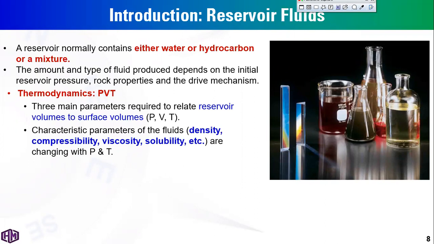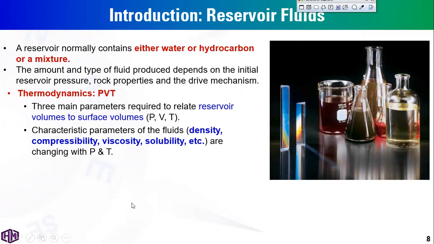Because on production, the fluids migrate from reservoir pressure and temperature to surface pressure and temperature, we may have mass losses from the liquid, including the release of solution gas and so on.